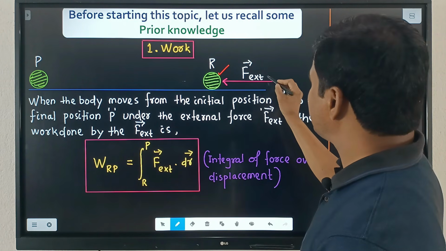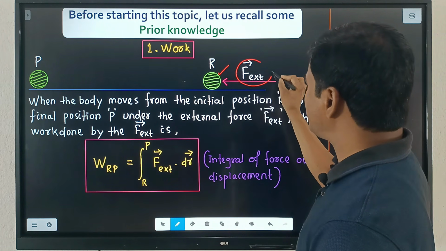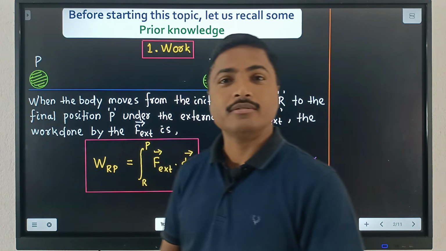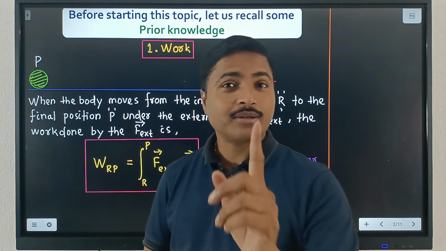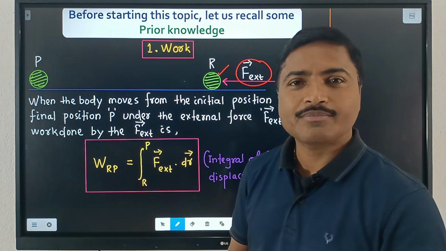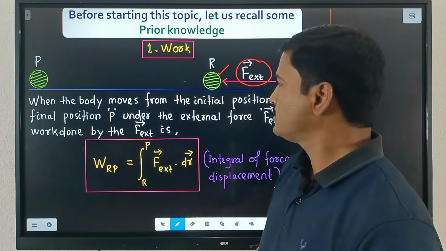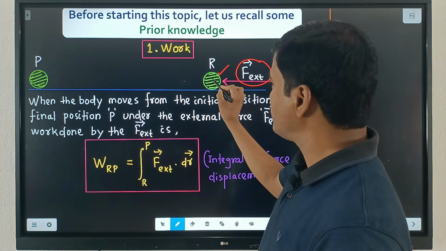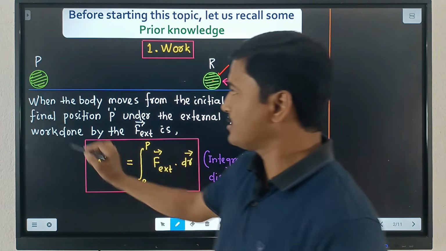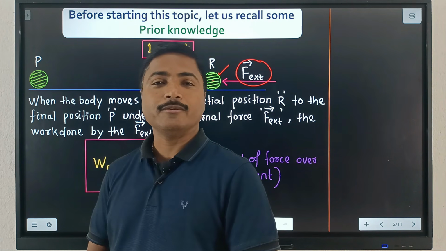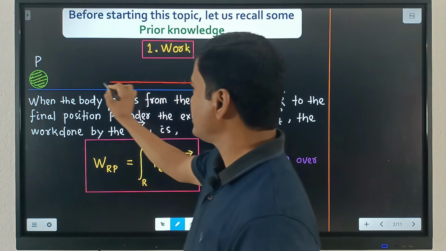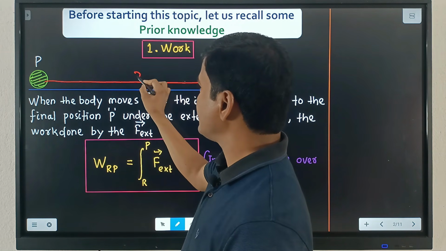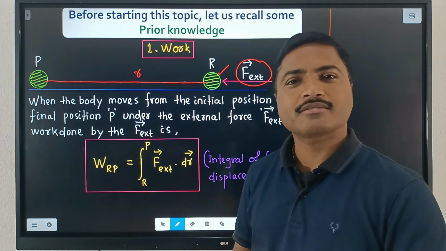Then a sufficient external force is applied on the body. If sufficient external force is applied, what happens? Suppose the body starts to move from the initial point R to the final point P, and this is the total displacement of the body. Suppose the total displacement we write as R.